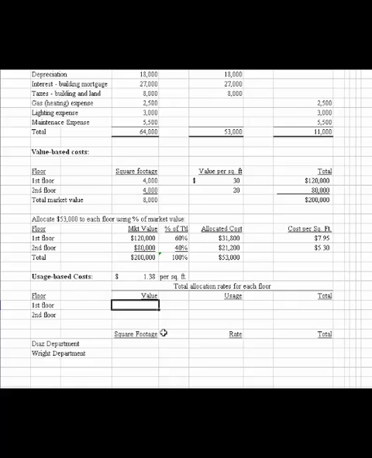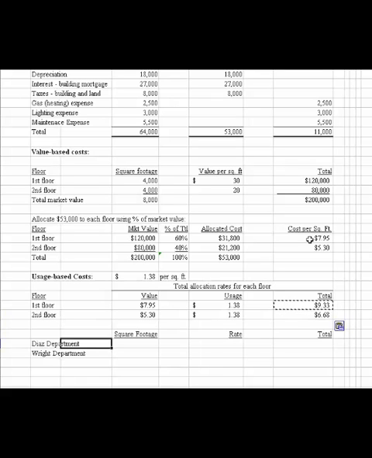Okay, using the value-based, it comes right from what we've solved previously, and the usage base comes from that cell. So the total, let's just add those. It's 933 for the first floor, 668 for the second.